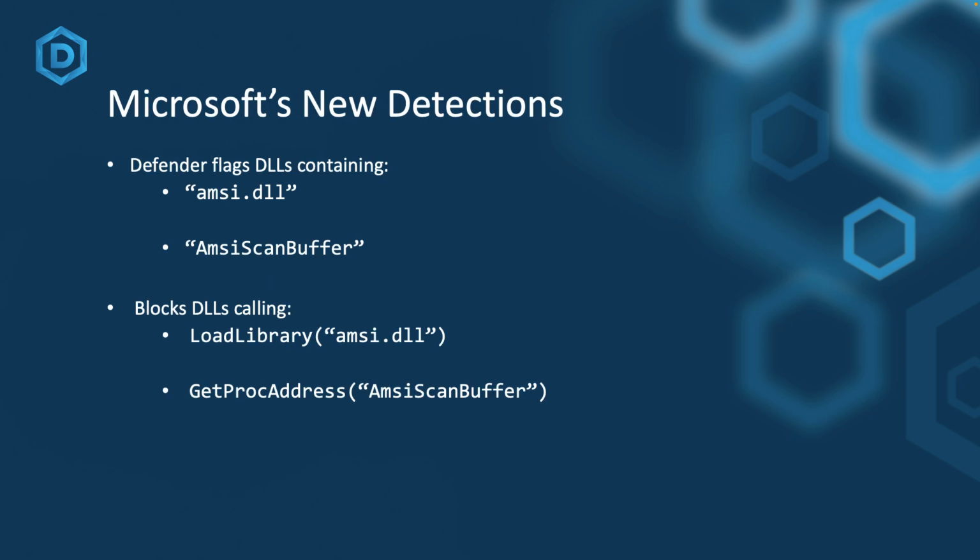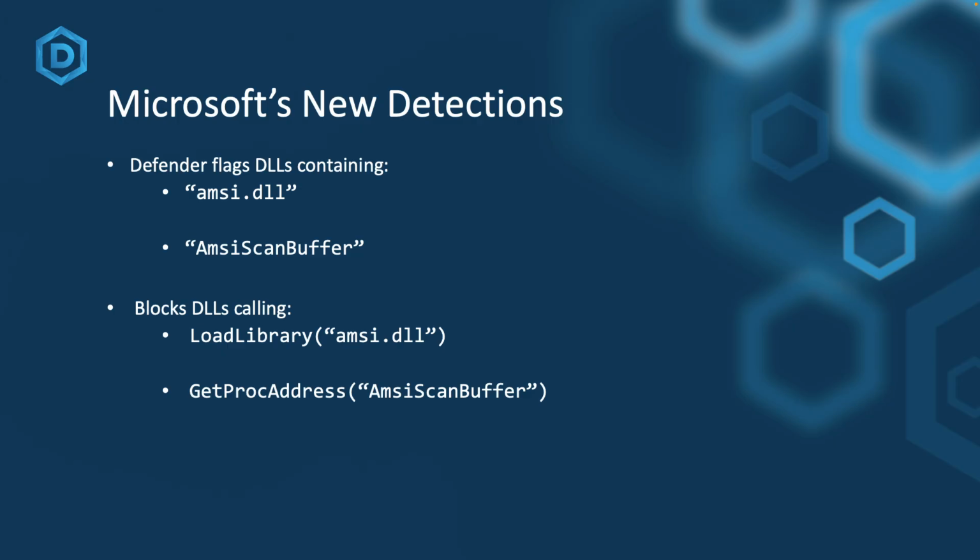So let's talk about Microsoft's new detections that we discovered while we were working on this. If you look at Rostam Mouse's architecture in his code, what he is doing is actually calling out AMSI.dll and AmsiScanBuffer.